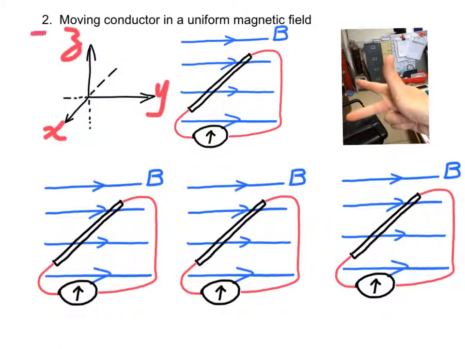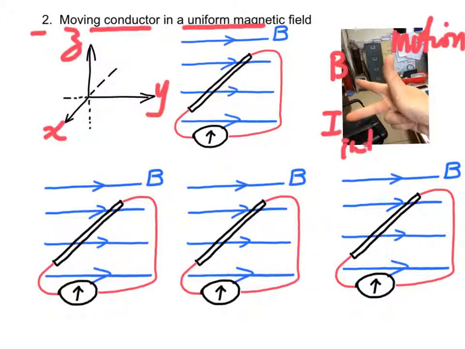Next, consider a moving conductor in a uniform magnetic field. By using Fleming's right-hand rule, the thumb represents the motion, the first finger represents the magnetic field, and the second finger represents the induced current.